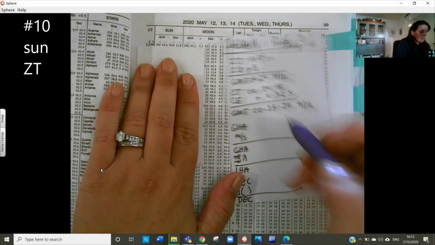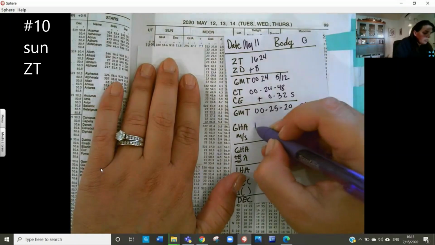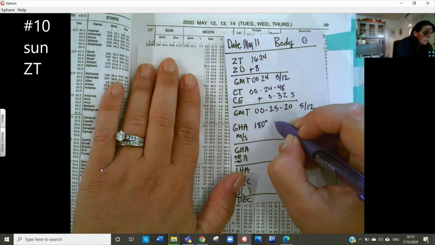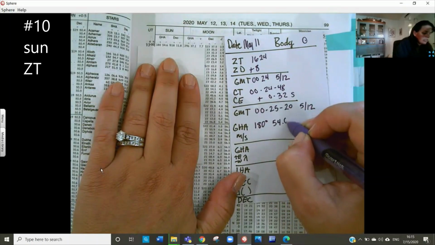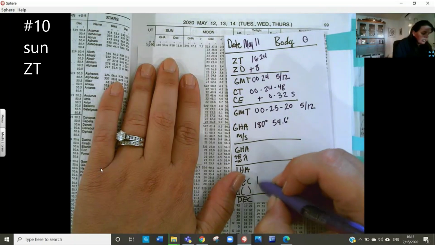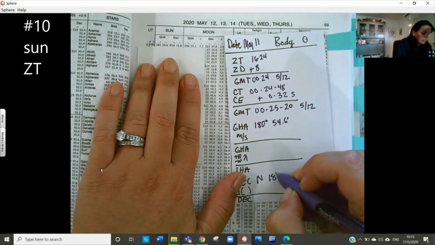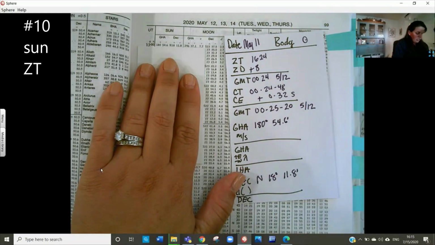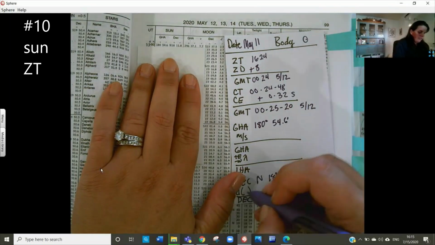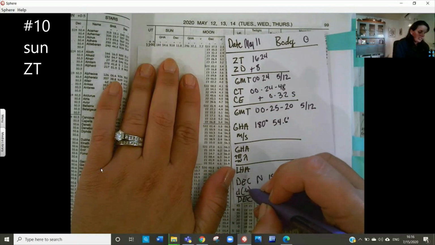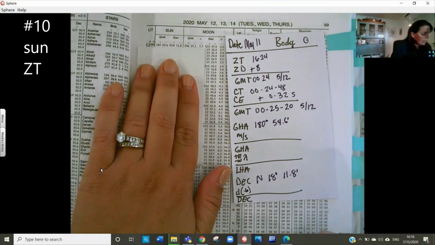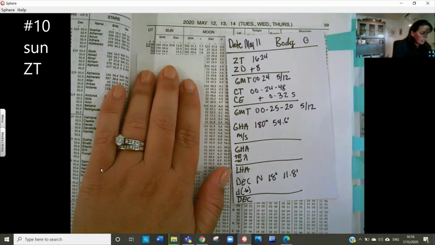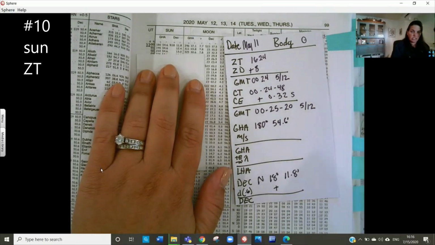So 00, our GHA is 180:54.6. Our declination is north 18:11.8. We go down to the bottom, we have a little d of 0.6, and I can see we are increasing our declination, so we'll be adding that.